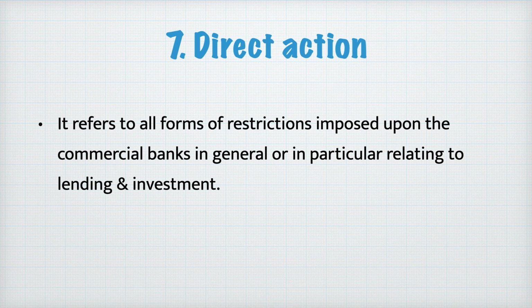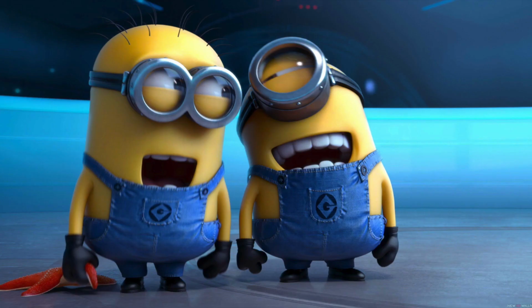Both general restrictions and particular restrictions are imposed by the RBI. So this completes the quantitative measures of RBI. On the whole, it completes the functions or the regulations taken up by the Reserve Bank of India.